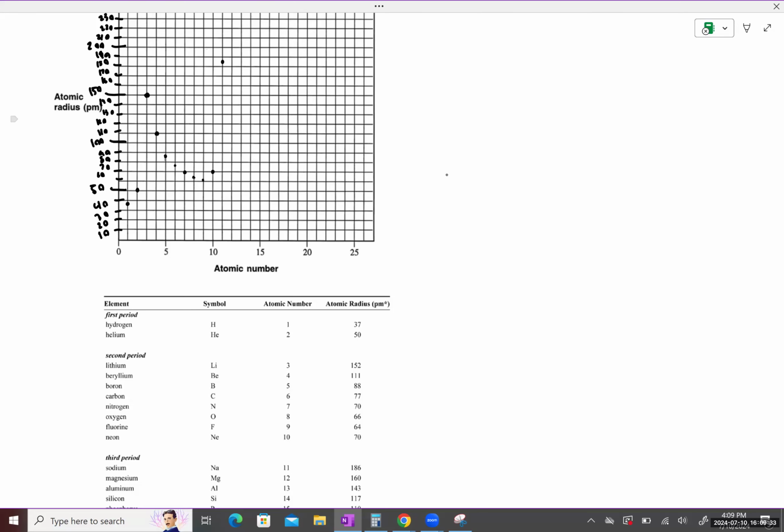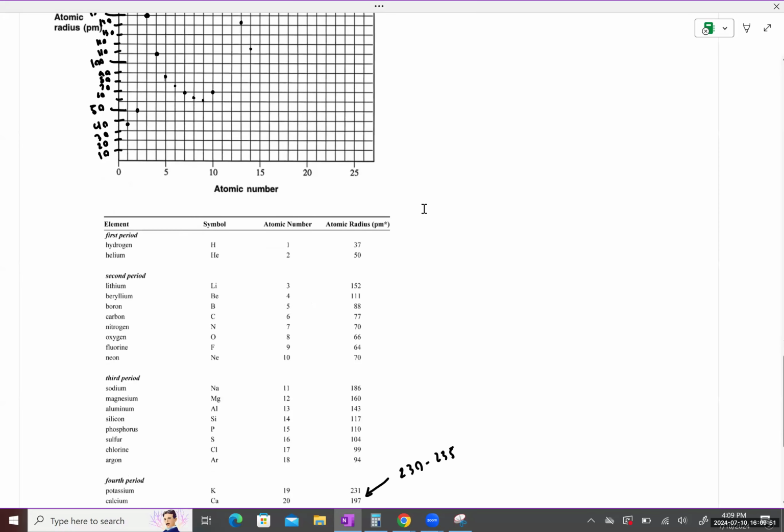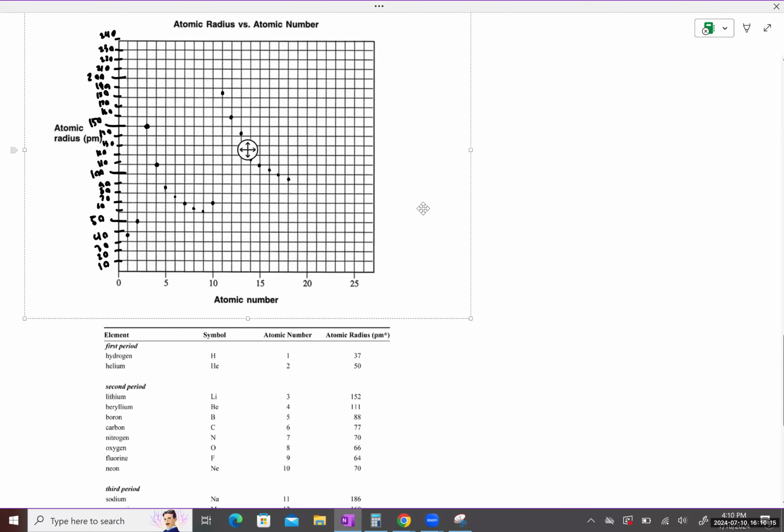Okay, magnesium, aluminum, silicon, phosphorus and sulfur, chlorine, argon, potassium, which is going to pretty much go to the top of the graph.